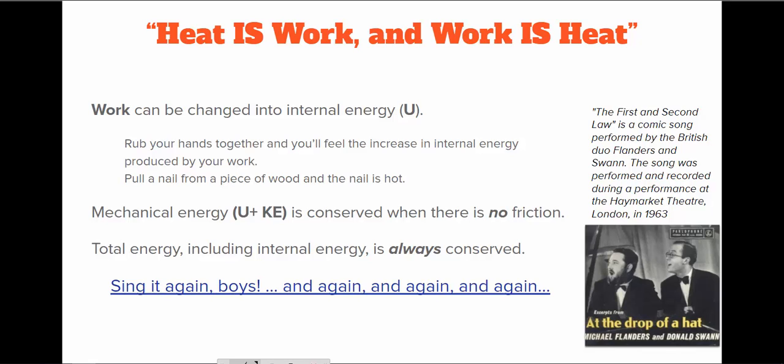If you take a nail and hammer it into a board, and then pull that nail out very quickly, the nail will be very hot, right, because of the friction between the nail and the board. So mechanical energy, kinetic and potential, is conserved when there's no friction. The total energy, including the internal energy, is always conserved, okay?